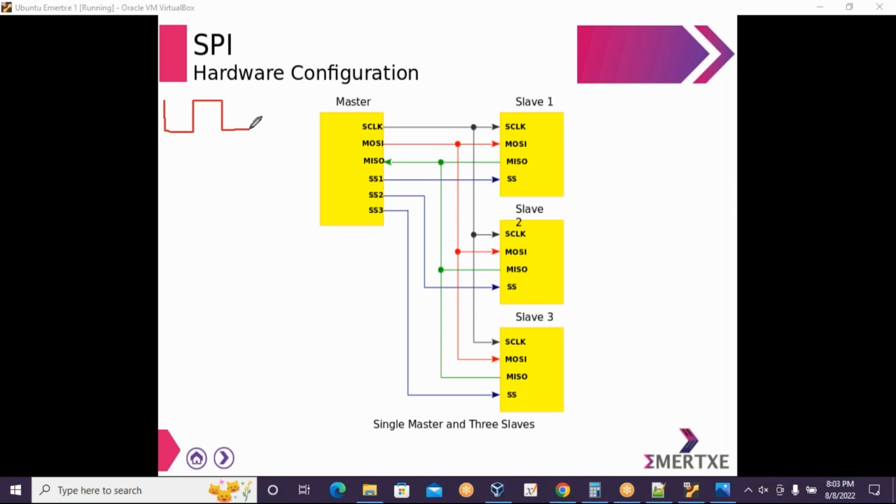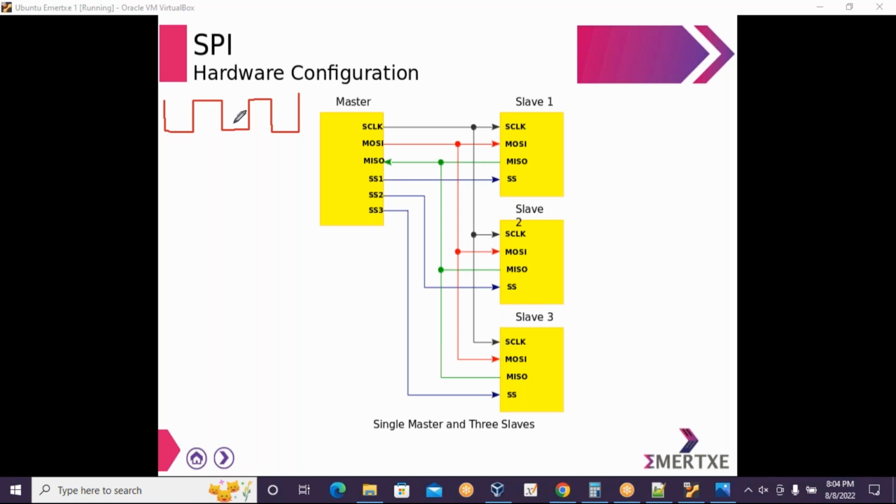Now to transmit 8 bits of data, how many clock pulses do I need? 8 clock pulses, isn't it?